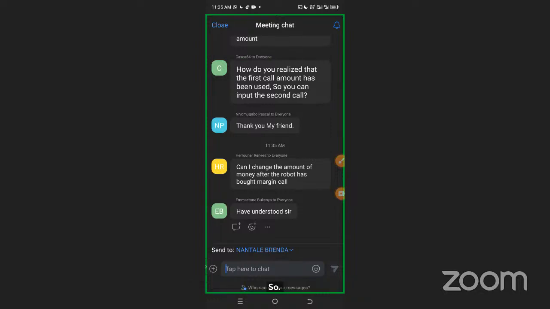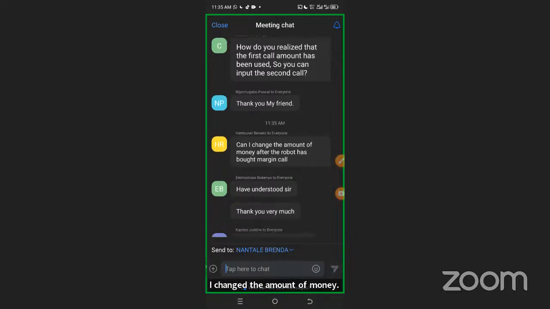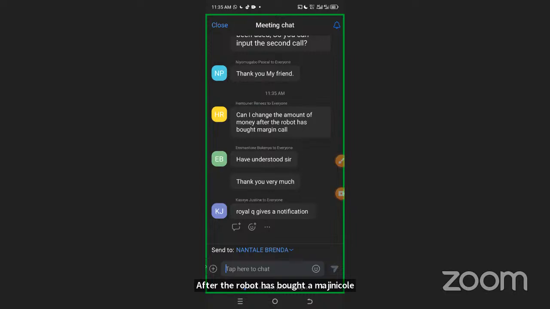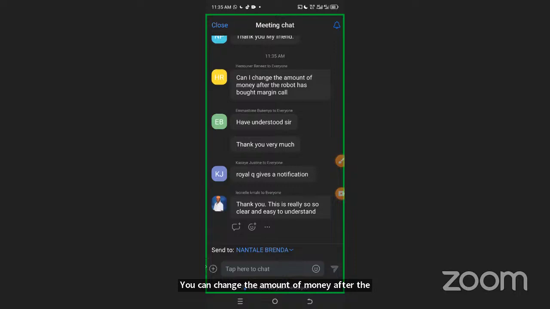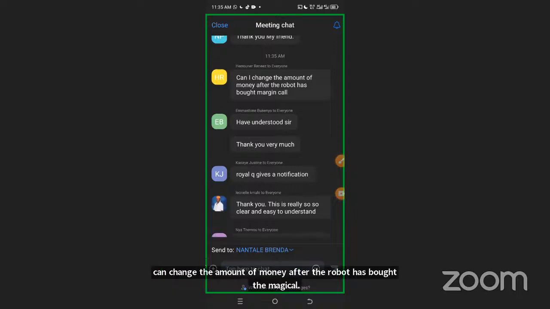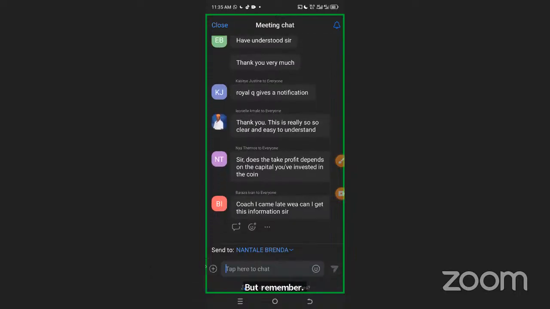Can I change the amount of money after the robot has bought a margin call? You can change the amount of money after the robot has bought the margin call. But remember, changing the amount of money also changes your trading capital amount.